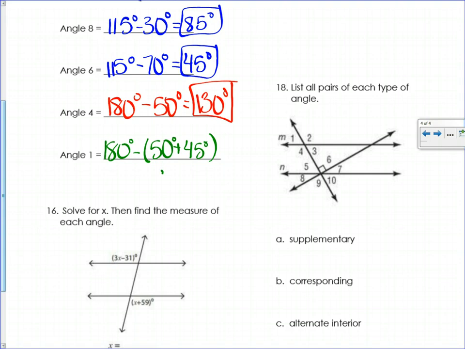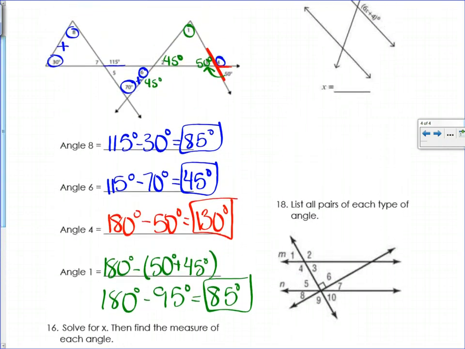So 50 plus 45 is 95 degrees. 180 degrees minus 95 gives us 85 degrees again, which is also congruent to angle 8 that we see for the same angle in similar triangles, so they should be congruent.